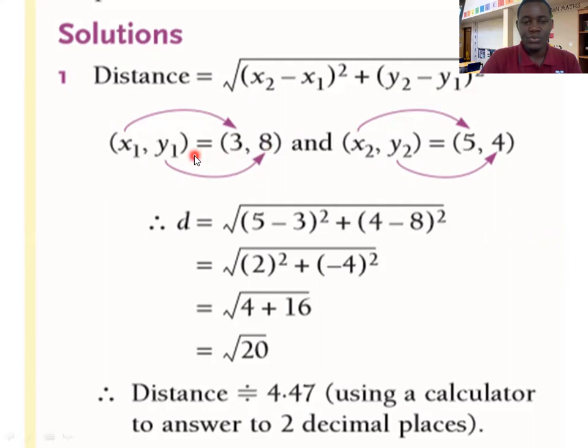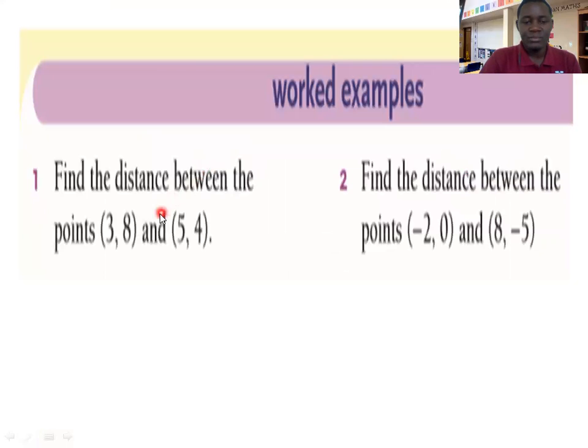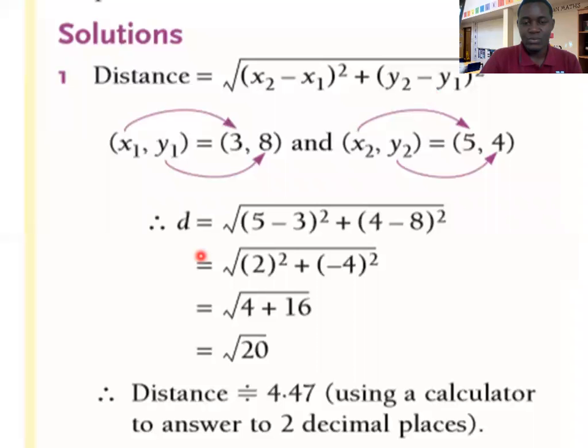So the next step is to indicate which of the points I'm given, (3, 8) and (5, 4), becomes my x1, y1, and which becomes my x2, y2. You can see my x1, y1 are chosen to be (3, 8) and x2, y2 are chosen to be (5, 4). Just input into the formula, we have 5 minus 3 squared plus 4 minus 8 squared.